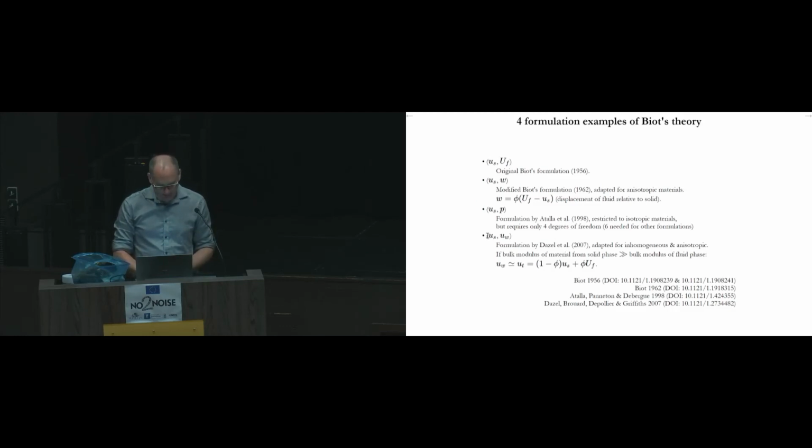There's also another formulation, by Olivier Dazel, introduced in 2007, which is interesting if you want to deal with analytical formulation, as it's easier to write the wave numbers using this formulation. The important point of this slide is just to show you that there are multiple ways to deal with Biot theory.